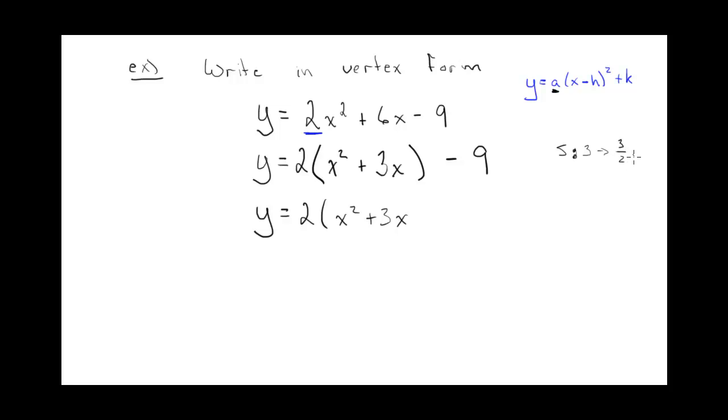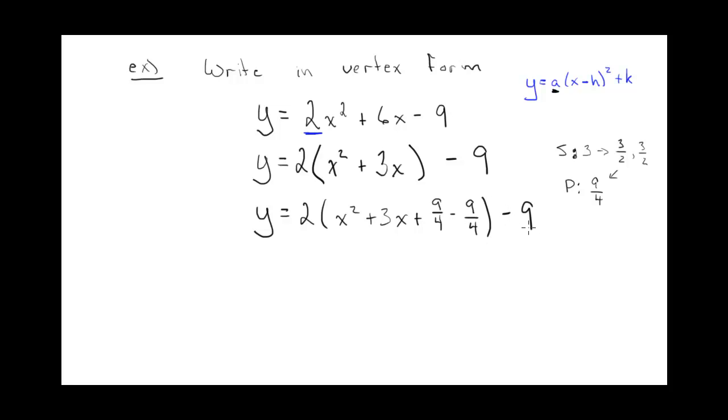So it's always half that number. So 3 over 2. But then the product of 3 over 2 times 3 over 2 would be 9 over 4. So it's always half this number, 3 over 2, squared, which is 9 over 4. So plus 9 over 4, but of course, you also have to subtract 9 over 4.